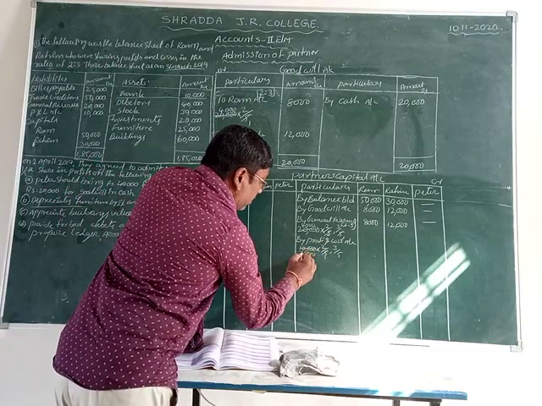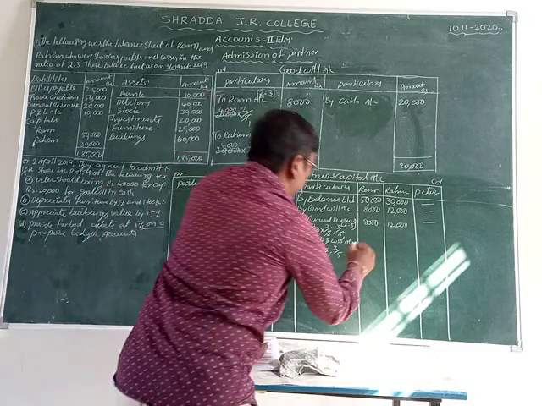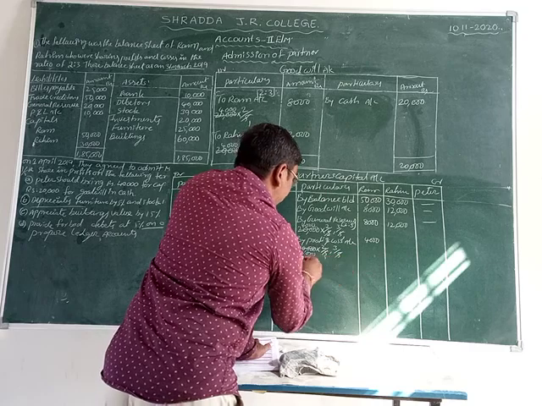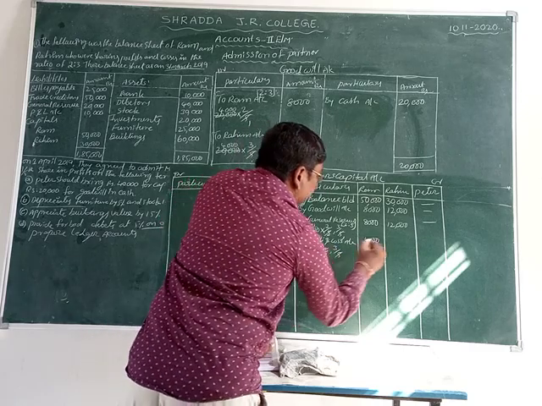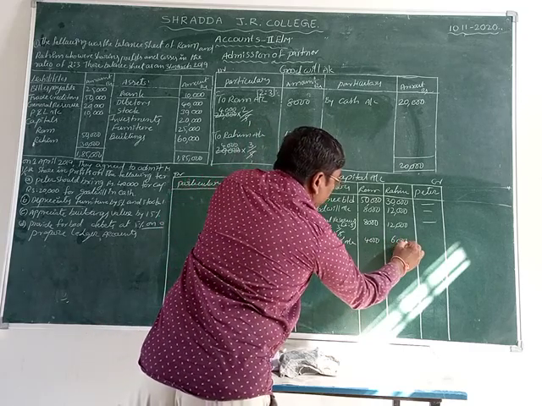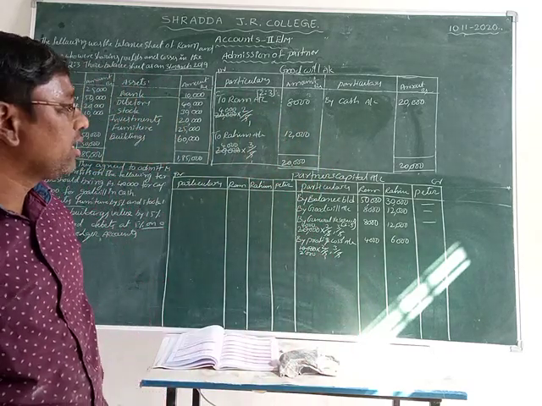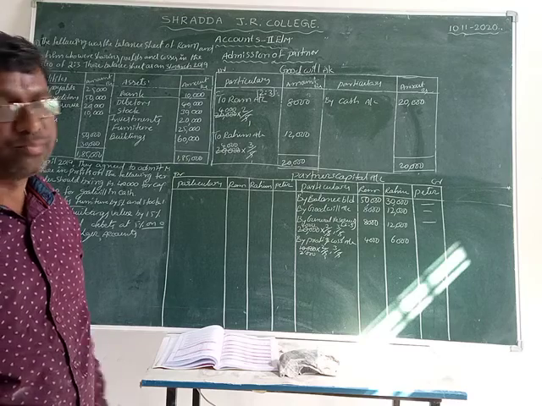That is 2,000. 2 twos are how much? 4,000 rupees. Let us write down here 4,000. Next, 2 threes are 6,000. So in the profit and loss amount, Ram takes 4,000, Rahim takes 6,000, isn't it?